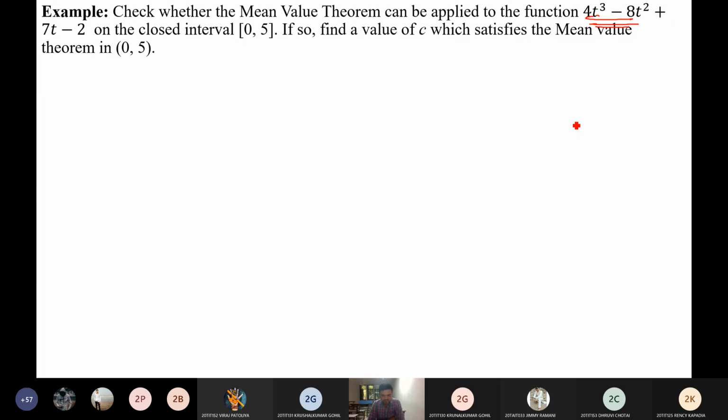What is my given function? One minute, sir. Okay. Is it visible to all? Yes, sir.